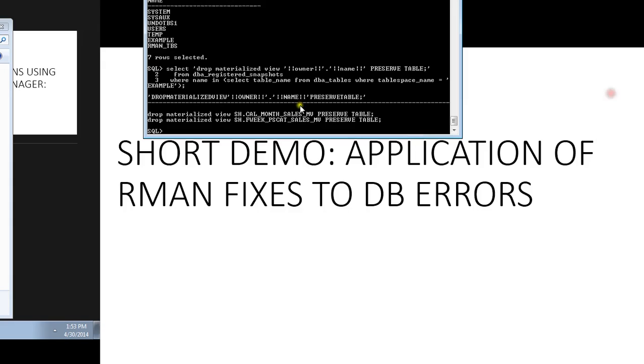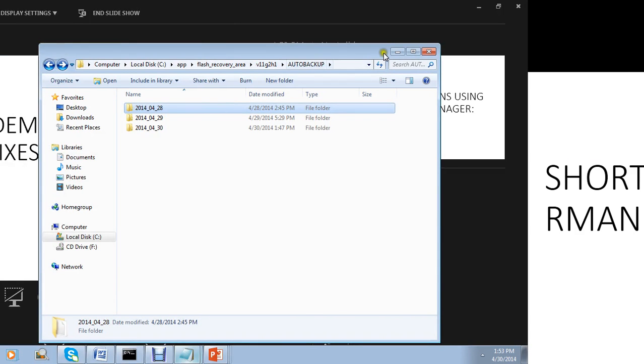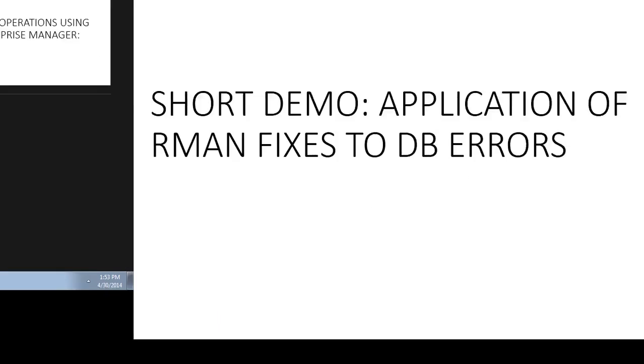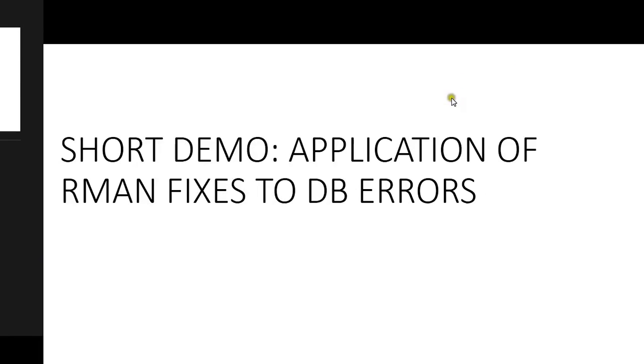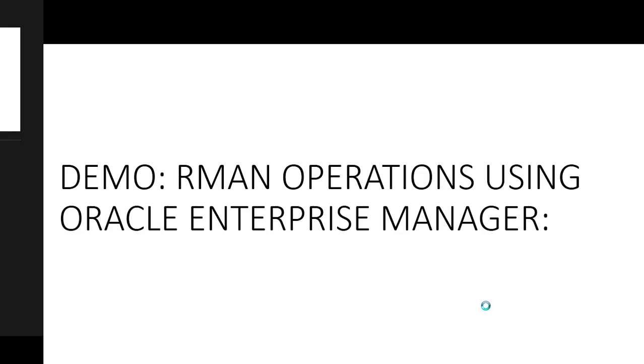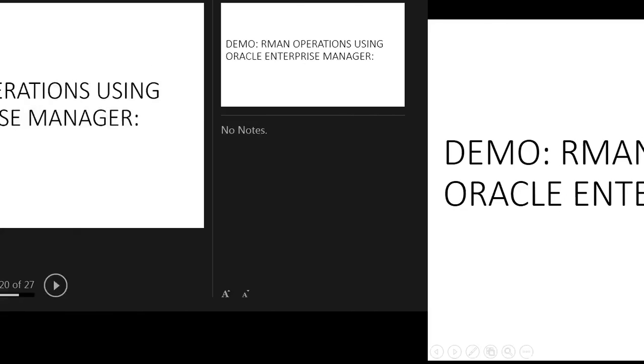So what I'll do now is go back into the tutorial. Put these aside. The next one should be, give me a second. I'm going to take you through Oracle Enterprise Manager, and I'm going to show you how to use Oracle RMAN in your Oracle Enterprise Manager application.